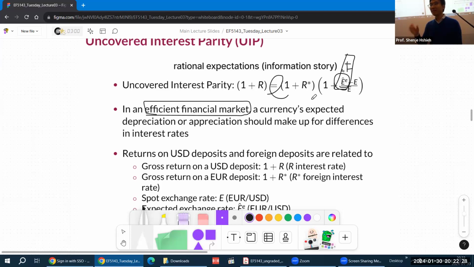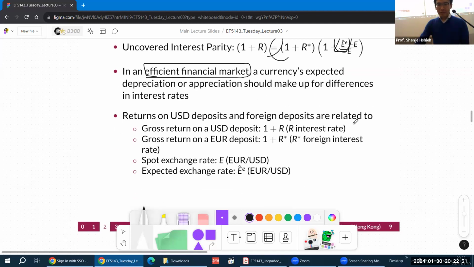Okay, so that's the mechanism. It's the same mechanism, but it's not because of free money. It's because you're maximizing expected mean returns. That's how you close the gap in UIP. All right, if that's not clear, we will get to it visually at least, okay?